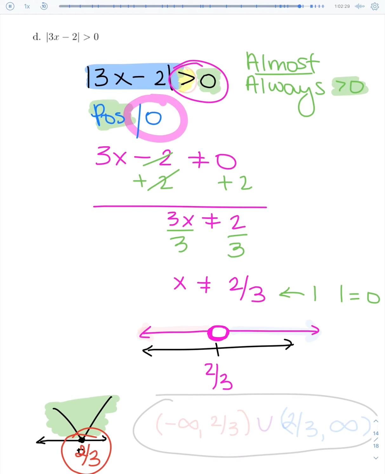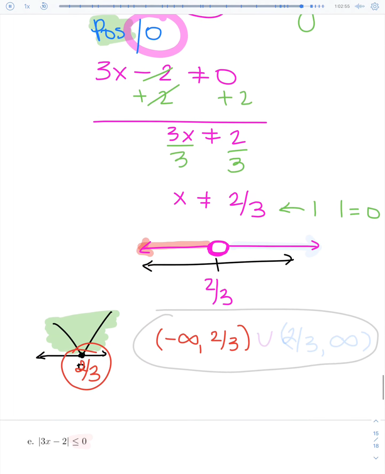So how we're going to draw that out in interval notation, reading it from left to right, we'll start on the left-hand side with negative infinity all the way up to 2/3. So that'd be negative infinity up to 2/3. Again, parentheses, because we cannot include 2/3 because we want to be greater than 0, not equal to.